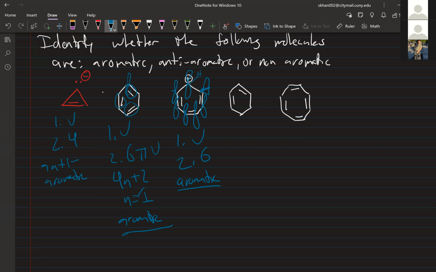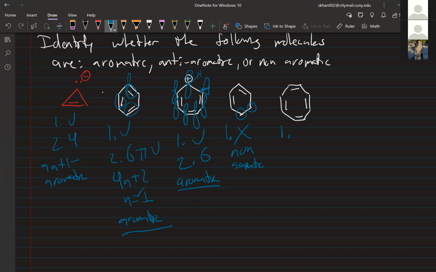Okay, this fourth one here, does it fit criteria 1? Nope. Why not? sp3 carbons here and here, right? So what is this? Non-aromatic.